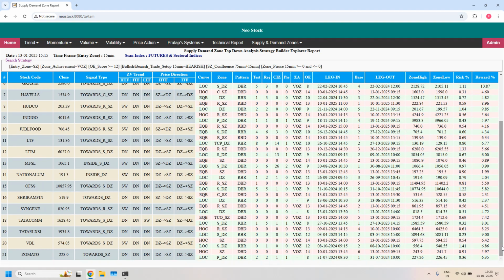Out of these 21 stocks, let us add EMA confluence for the 75 minute supply zone. Why? Because 15 minute supply zone is part of the 75 minute supply zone. And 75 minutes trend is down, that is ITF trend. If any of these 75 minute supply zones are having daily EMA confluence, they are even more high probability trade setup supported stocks.